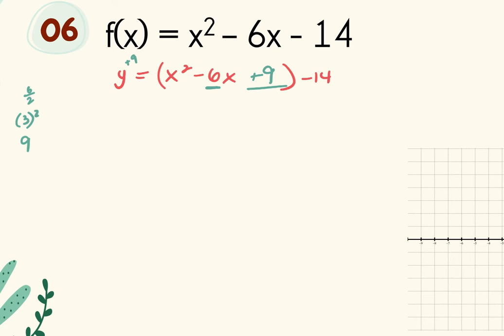So you have that choice. Add it to both spots, but then at the end subtract it because the y's got to be isolated, or add it inside the parentheses and subtract it from outside of the parentheses so that we balance that side of the equation.